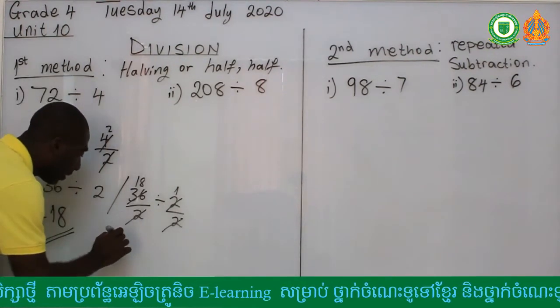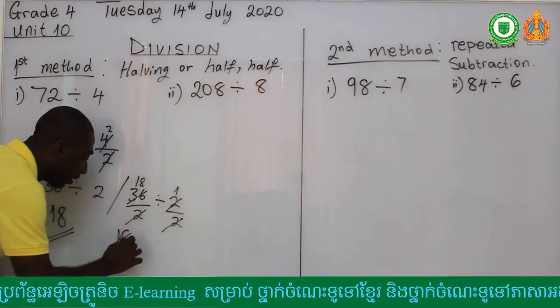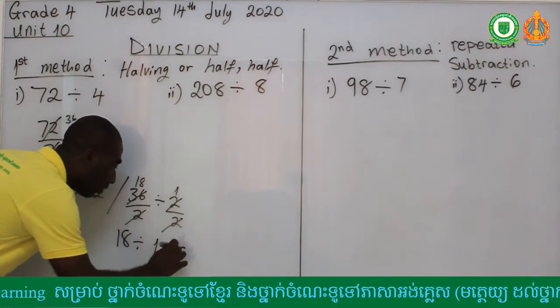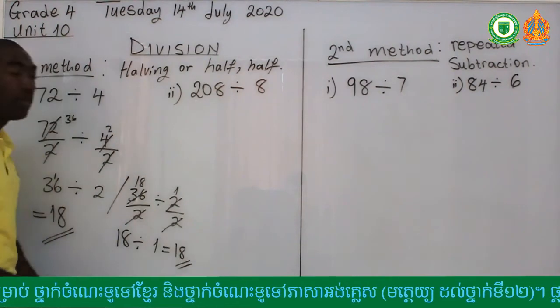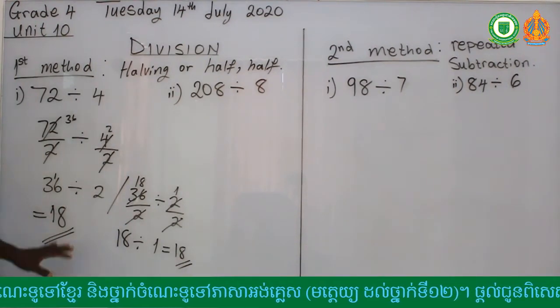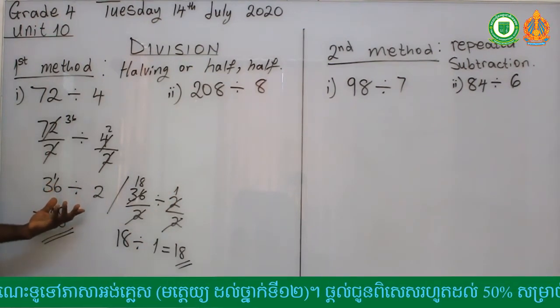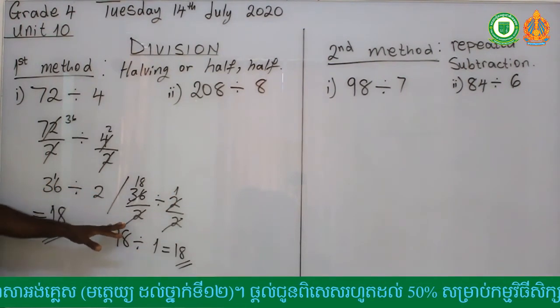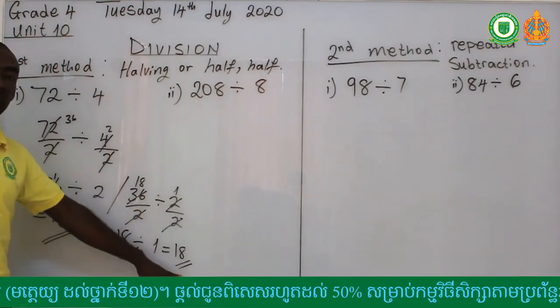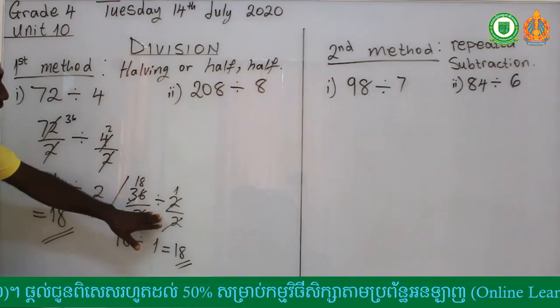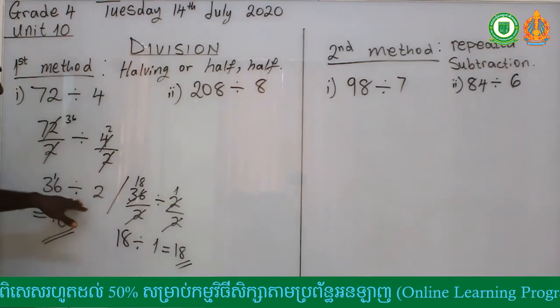So our new equation is going to be 18 divided by 1, which is also equal to 18. Okay, so this is the other explanation of this equation. That means we are using the half-half system to find our answer.